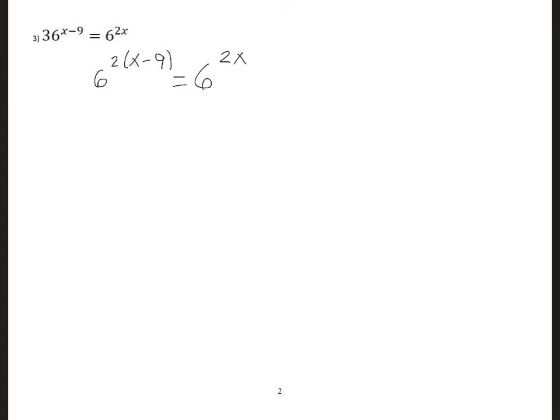So this is 2x minus 18 is equal to 2x. When I subtract 2x, I'm going to get negative 18 is equal to 0, and that's not true. So that means this one has no solution.